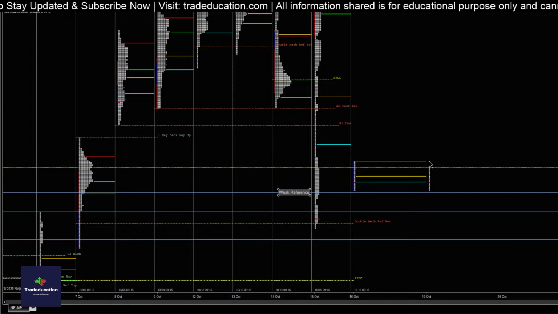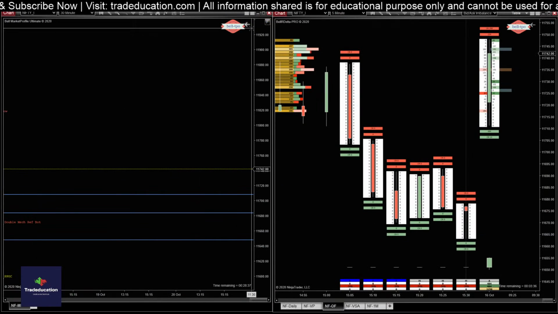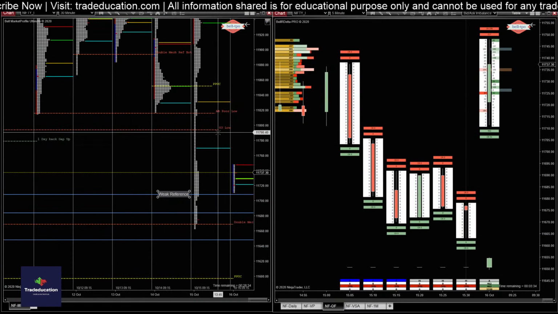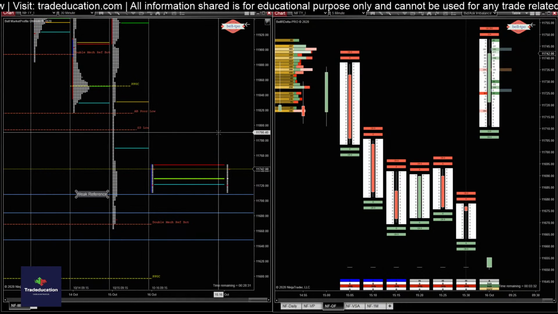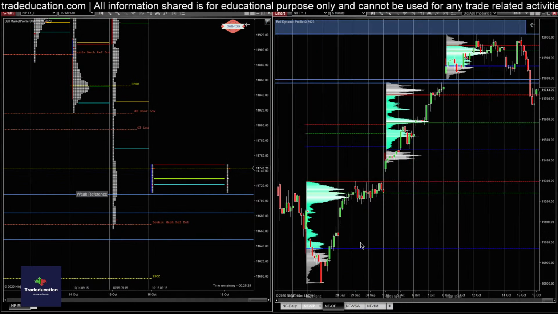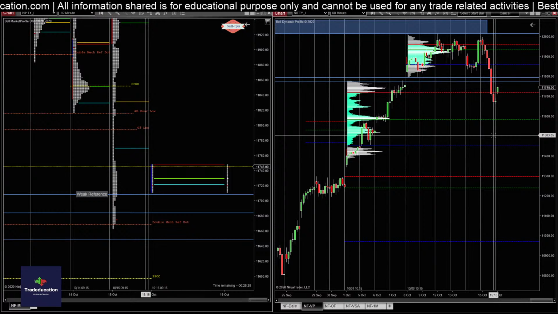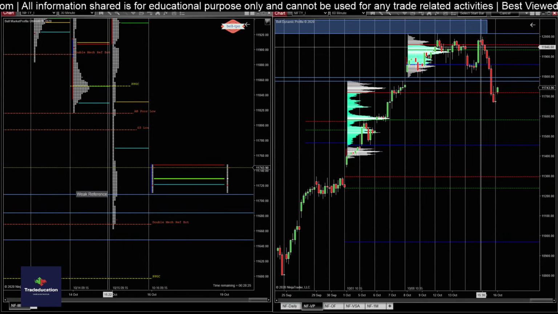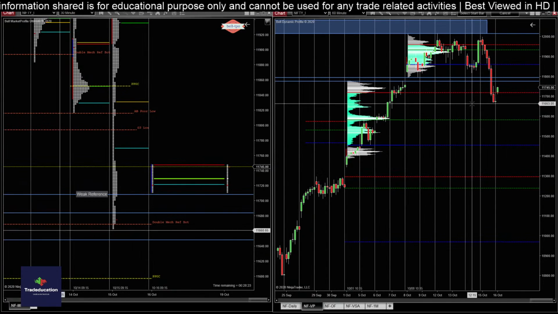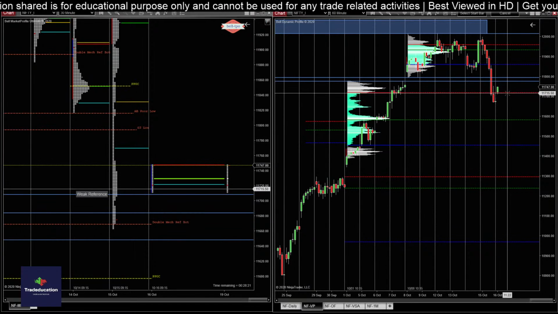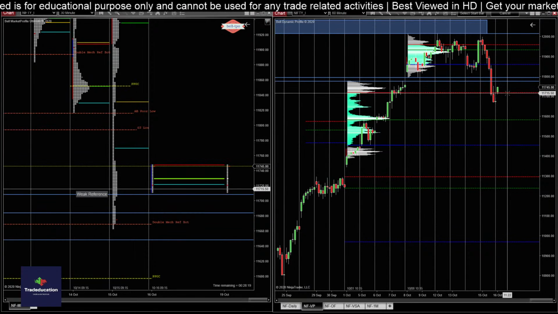Okay, let me also go to the volume profile chart and see what's happening there. This was the balance. It got completely rejected, and right now it has entered and is getting supported around the value area high.